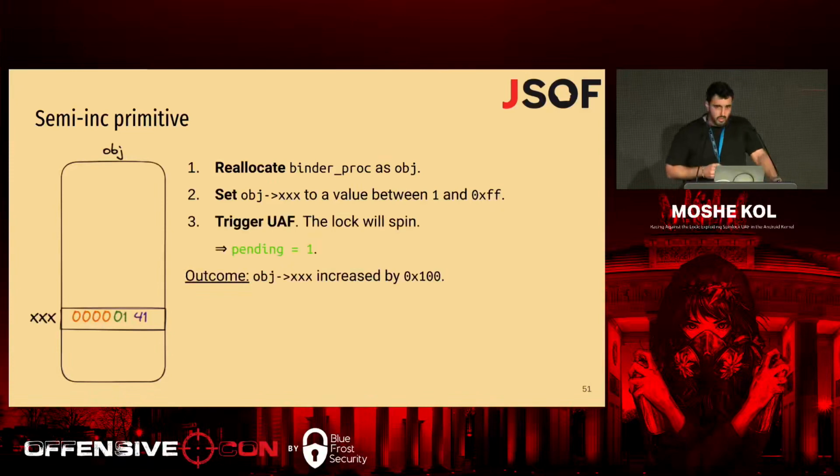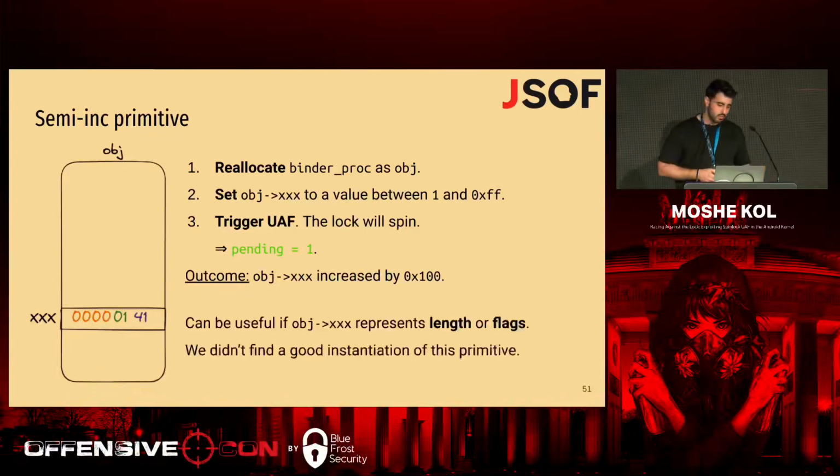And then we will trigger the use after free. The outcome of this is that the lock will spin and set the pending byte to 1, so we just increase this field value by hex 100. It can be useful if this field represents, let's say, a length.